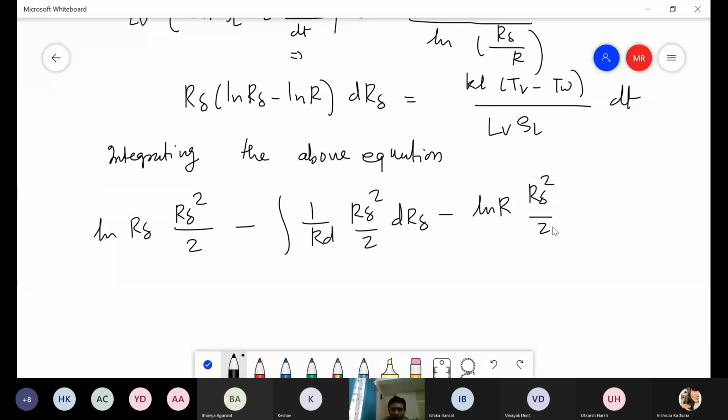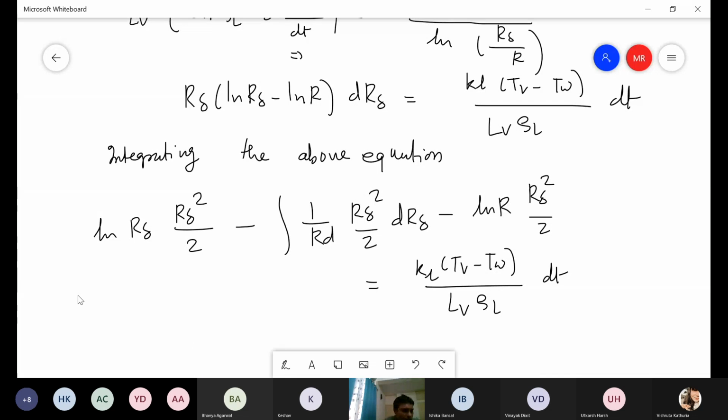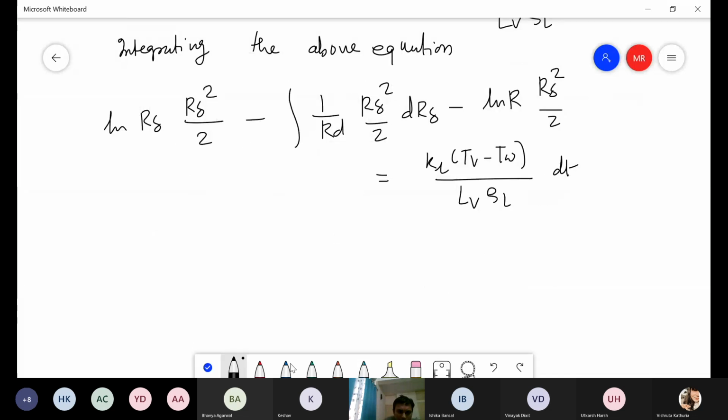Whereas the integration of the right hand side, we are going to get k L (T v minus T w) by L v rho L dt. And if we further rearrange things, what we get is ln r delta square by 2. This is the first term.